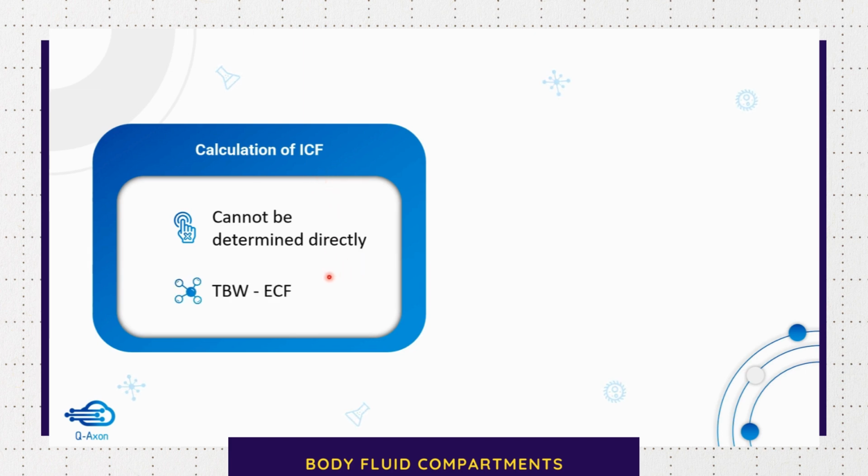However, you see that we can determine total body water by using radioactive water, and we can determine extracellular fluid also by using our radioactive ions. So if we determine that and subtract extracellular fluid from total body water, we will get our intracellular fluid.